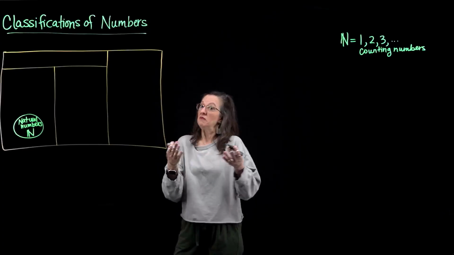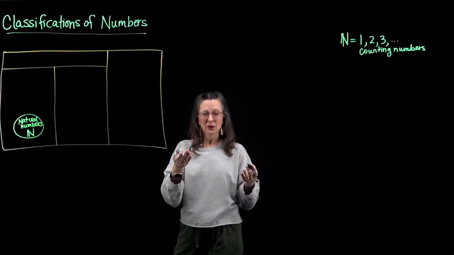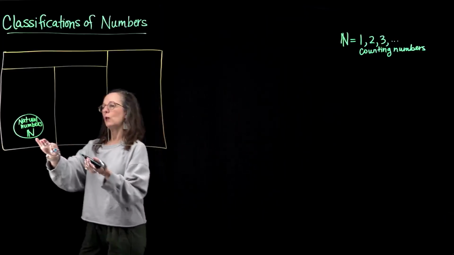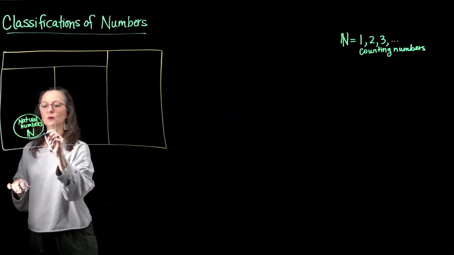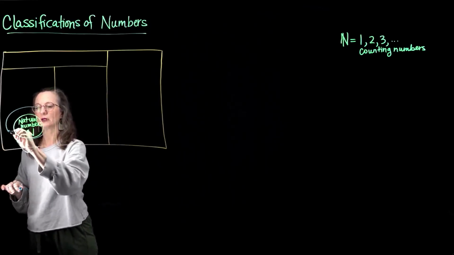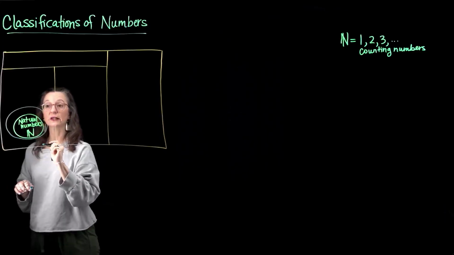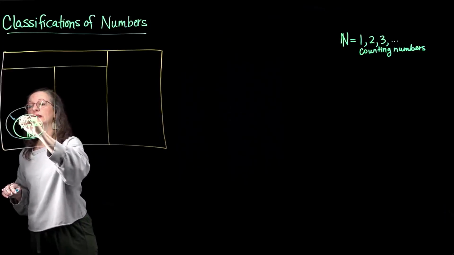So we said there are no buffalo, we introduced 0. So I'm going to draw a circle around my natural numbers, but a little bit bigger, and that's going to be my whole numbers.